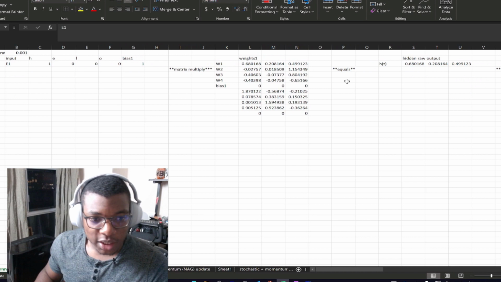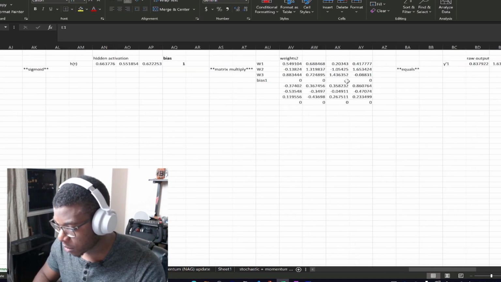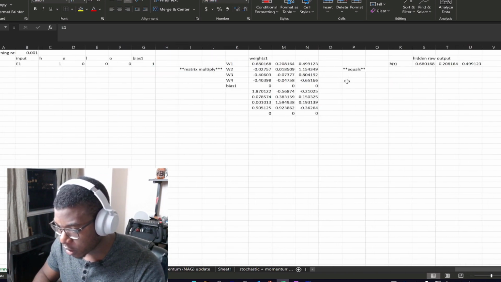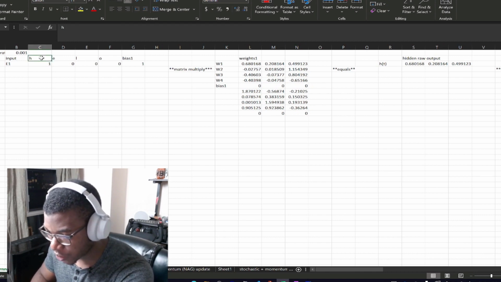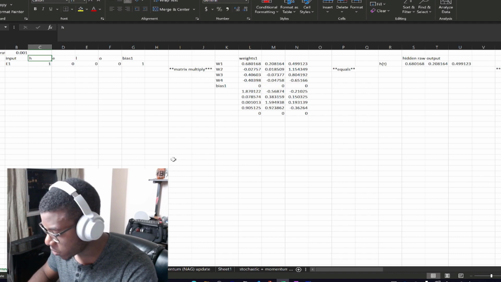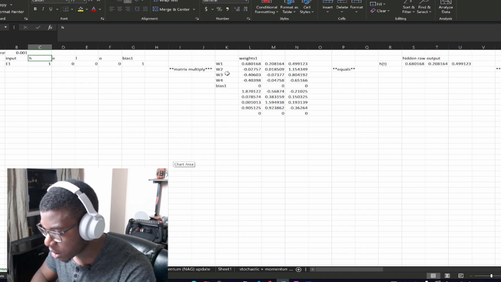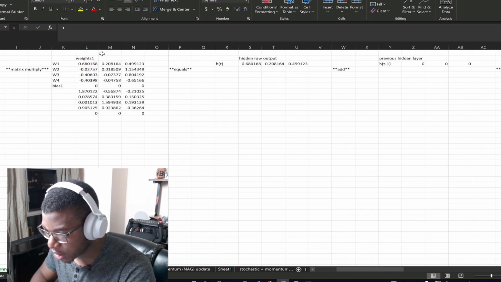Okay, let me just double check I have everything, and then we'll be good to go. So what I've currently implemented is, again, we're passing H into the network. It gets multiplied by the synapses that connect to the hidden layer. That all looks good to me.